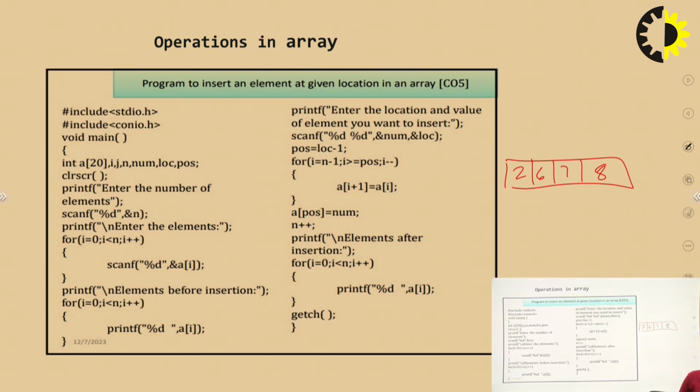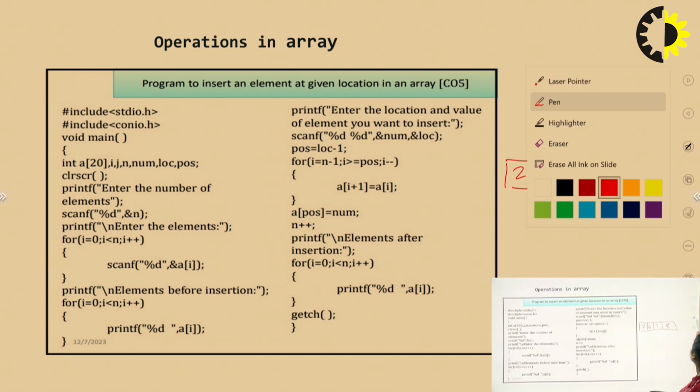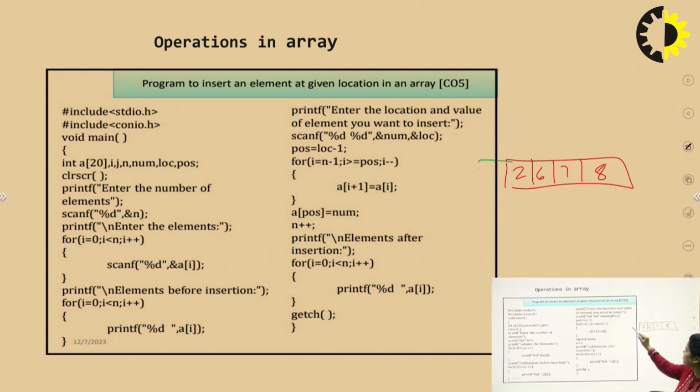Let's say that will depend upon the user where you want to insert: at this location, or at this location, or in between. Means at any location the user wherever he or she wants to enter the number, they can enter. But what is the logic behind it? Means how to write a code to enter that particular element.